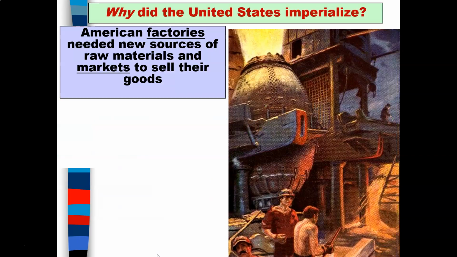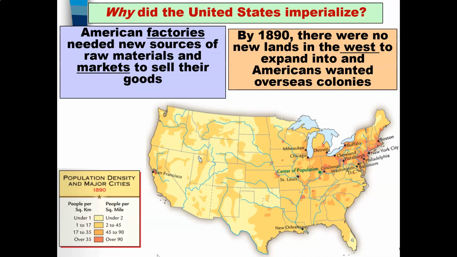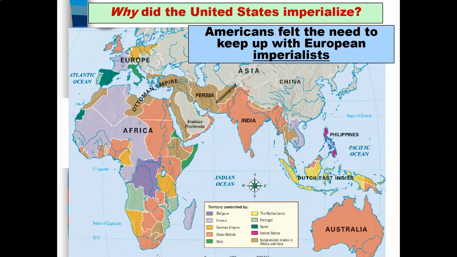American factories needed new sources of raw materials, and it also needed markets to sell their goods. By the year 1890, there were no new lands in the West to expand into, and Americans wanted overseas colonies. But why did the United States decide to imperialize?